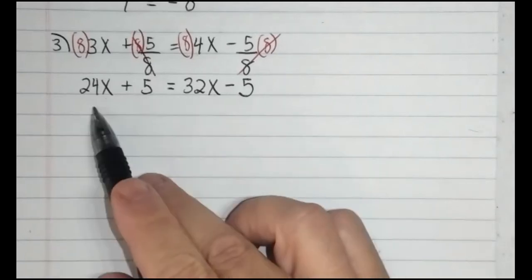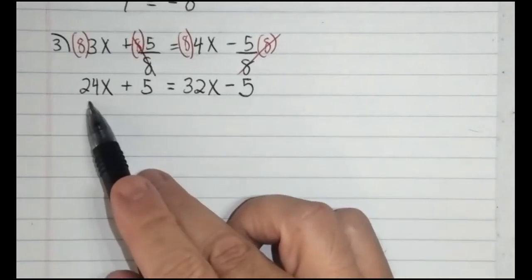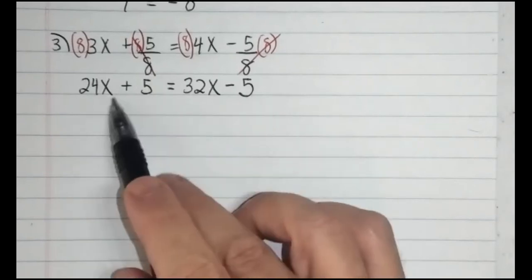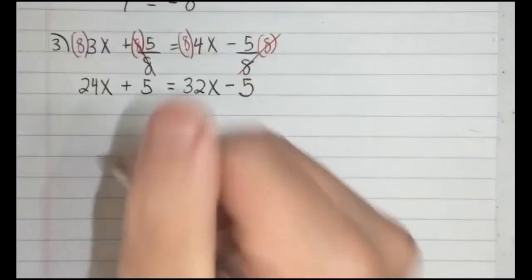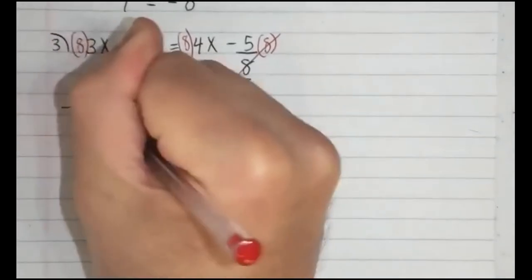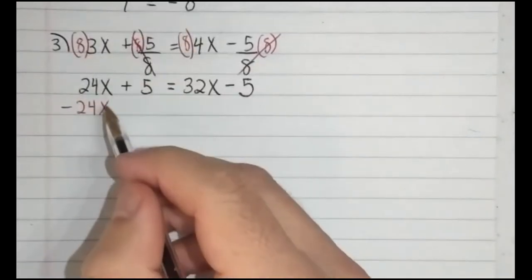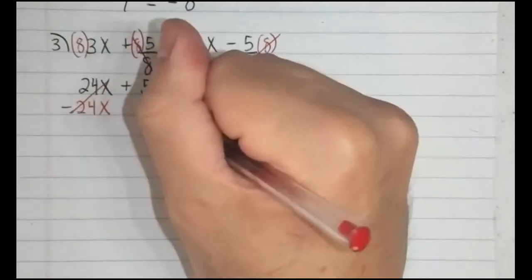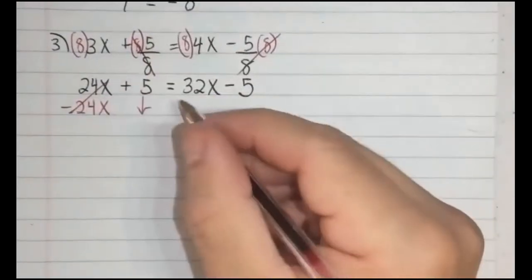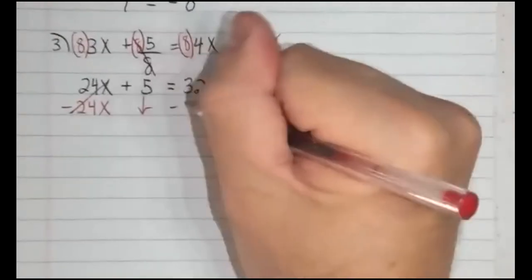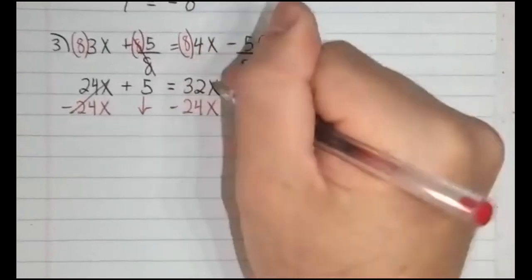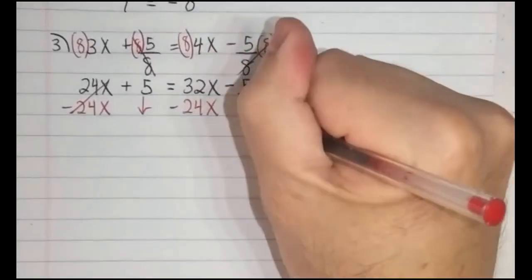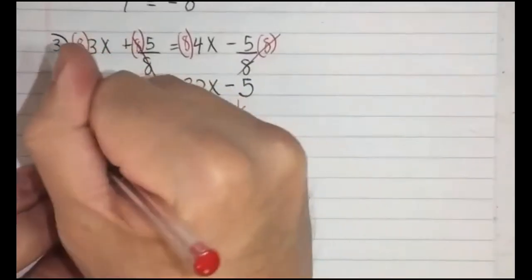If I move the 32 over here, that's going to leave me a negative value, so I'm probably going to eliminate the 24. I'm going to subtract 24x. Again, if it has a variable, you have to include the variable. That'll cancel that out. I'm going to move the plus 5 down. That minus 24 is going to go under my 32x because it's my like term. And then I'm going to move this negative 5 down.